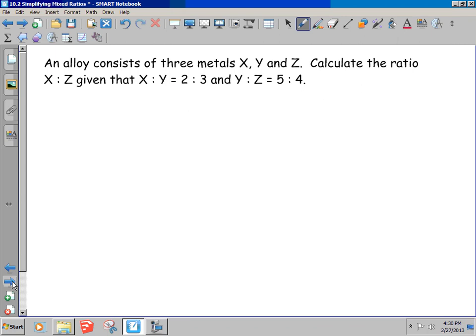Okay, so ask yourself which letters are involved in this problem, and we've got X, Y, and Z. So I go back and read: finding X to Z, given that X to Y is 2 to 3, and Y to Z is 5 to 4.